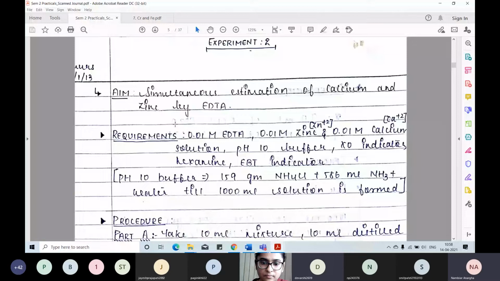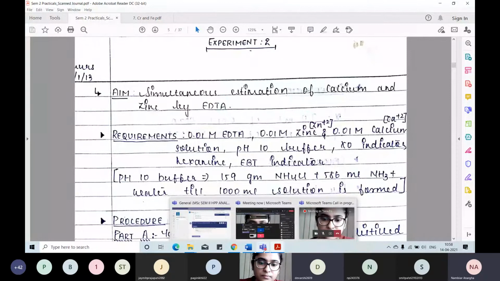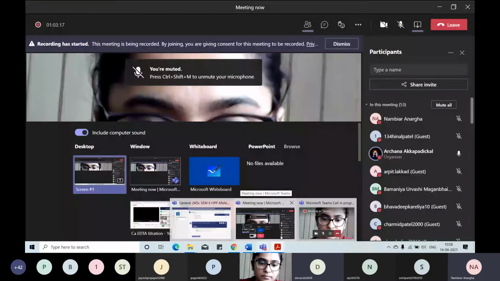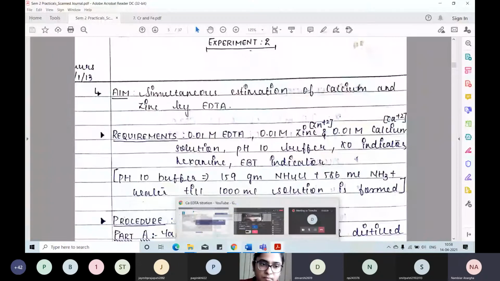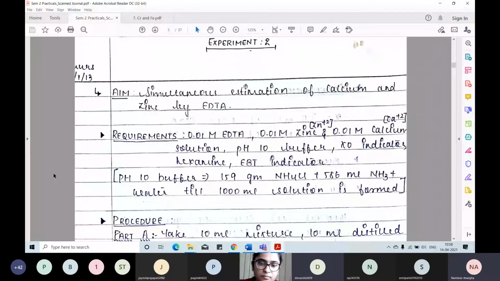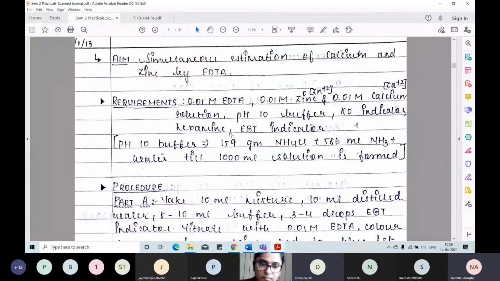Ma'am, as you say, pH control is very important during complexometry titration. So, if zinc binds at pH 6, acidic medium, and calcium binds, we are taking a mixture of sample. First part, at that time, calcium and zinc both bind at pH 10. Is it possible to perform only zinc at pH 10?